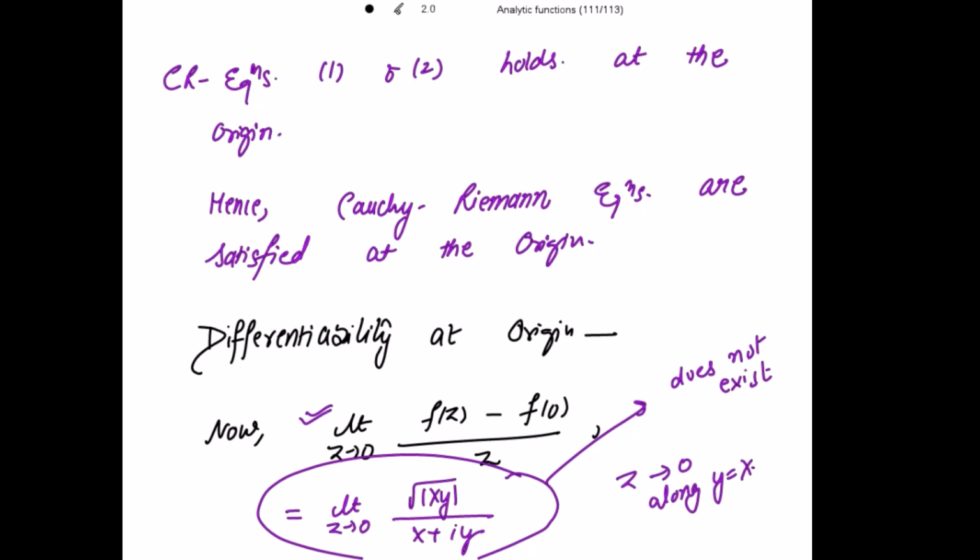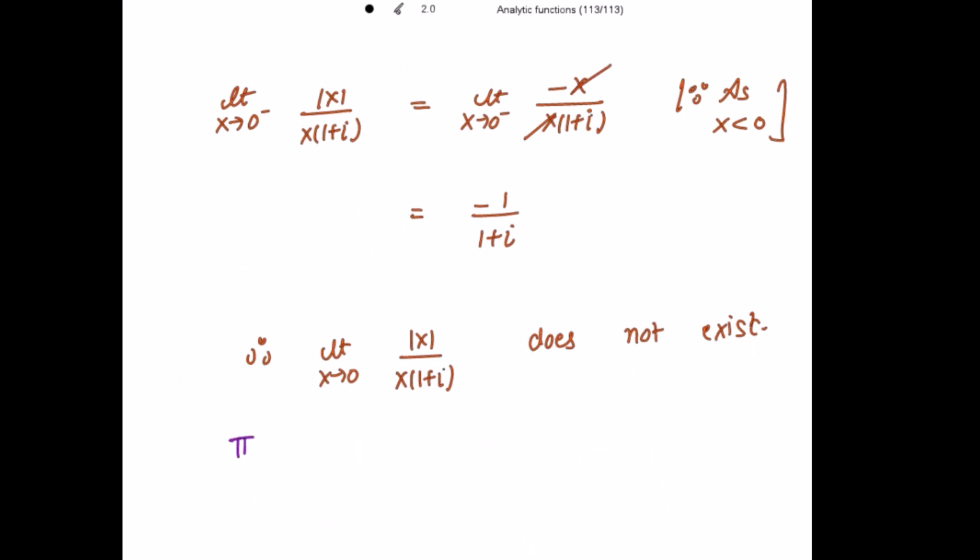So can we say that f(z) is not differentiable? Yes. So if limit z tends to 0 of [f(z) minus f(0)] divided by z does not exist, that means f(z) is not differentiable at the origin.